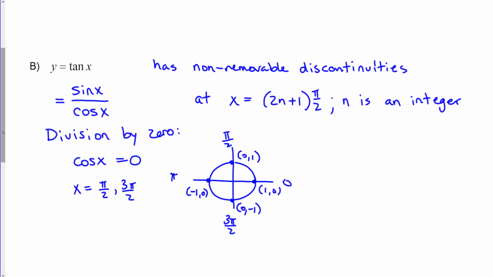So I just need odd multiples of pi over 2. So if you let n be an integer, then 2 times n guarantees that you have an even number. One value past an even number is always an odd number. So at odd multiples of pi over 2.